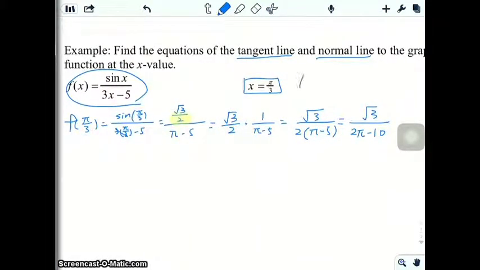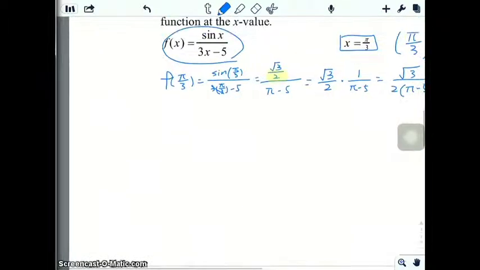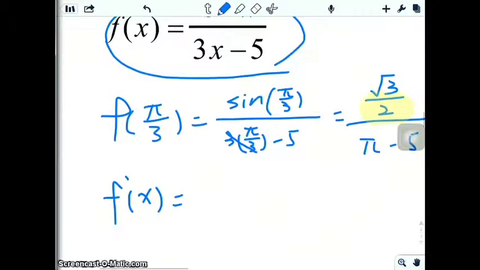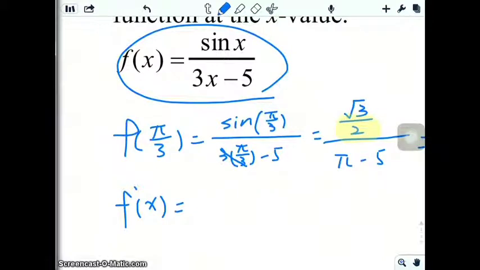So therefore we have this point, which is where our normal line and tangent line intersect the function. From this point we need to find the derivative, because now we need to find the slope. Our function is sine x over 3x minus 5.